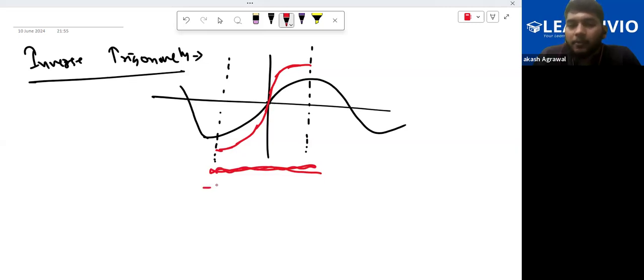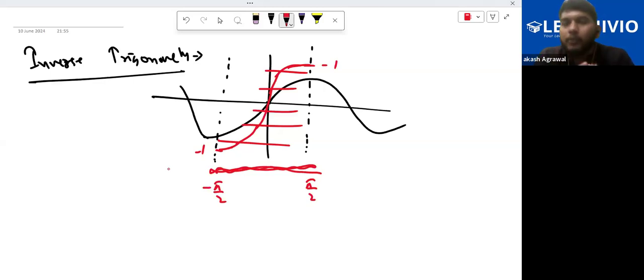They say the domain is from minus pi by 2 to pi by 2 only. And in this part, it is 1-1, right? If you do the horizontal line test, you can see that it is 1-1. Also they restrict the range. They say the range is from minus 1 to 1. So it becomes onto. So in a restricted domain, trigonometric functions become 1-1 and onto. Then what we do is find inverse trigonometric functions. Is it clear?